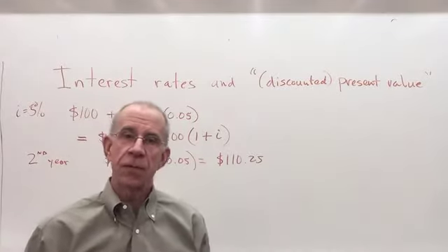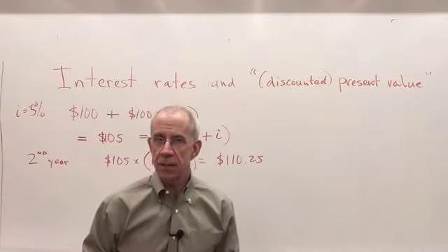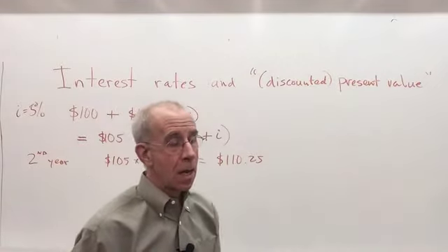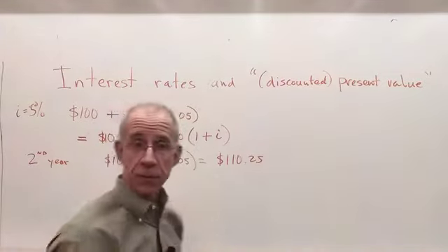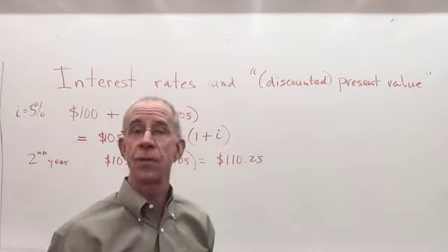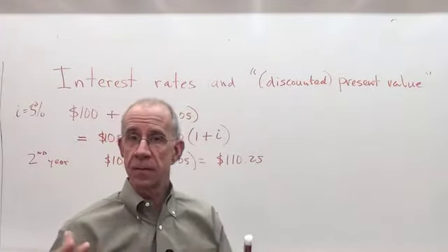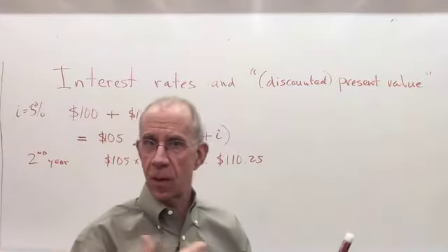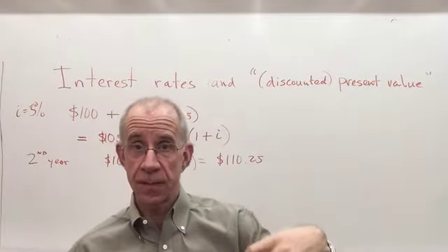So here's an alternative question. What if somebody said to you, I will either give you $110.25 in the future, or I'll give you $100 today. This is where you need to weigh the alternative values of something in the future to something today.